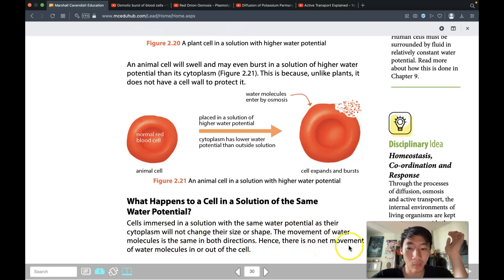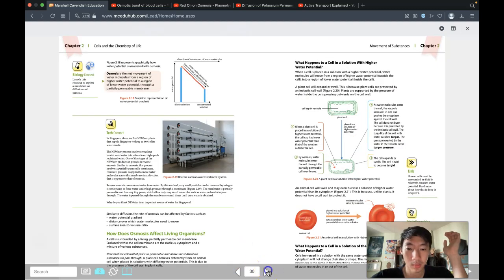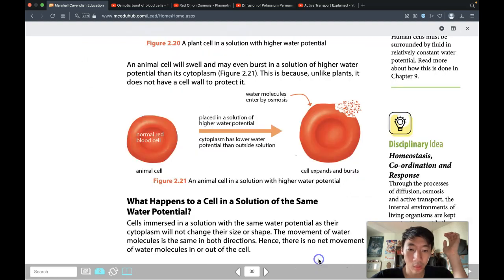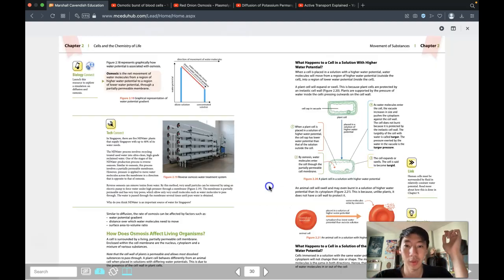There is no net movement of water molecules in or out of the cell. Okay, just a point there. They said no net movement, right? That doesn't mean that there's no movement at all. There's still some movement. It's just that the movement back and forth across the cell cancels each other out. So there's no net movement.